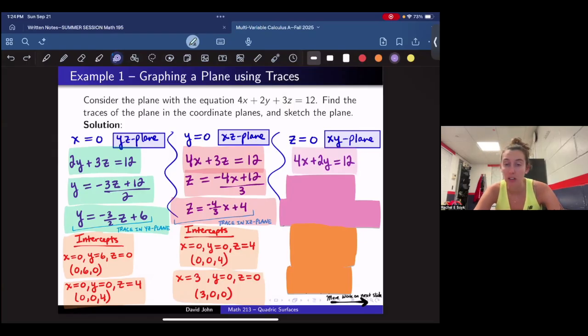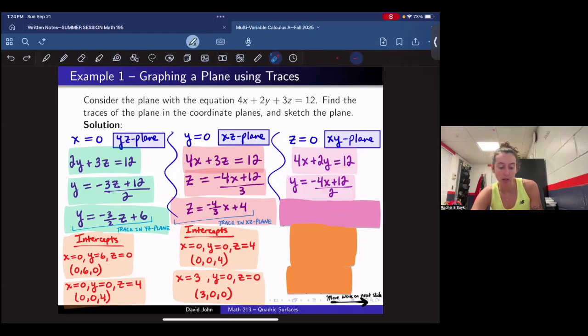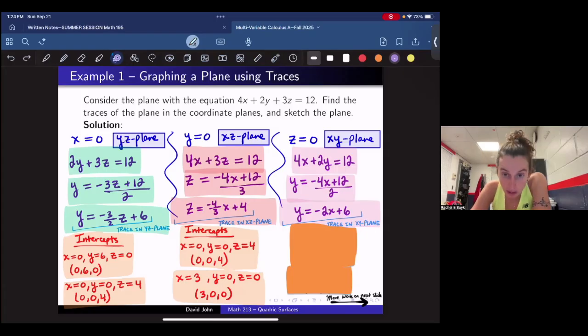And then let's once again isolate our y, subtract 4x from both sides, divide both sides by 2, and we have y is equal to negative 4x plus 12 over 2. This can be rewritten as negative 4 divided by 2 is just negative 2. So y is equal to negative 2x plus, and then 12 divided by 2 is just 6. So negative 2x plus 6. And that's our trace in our xy plane.